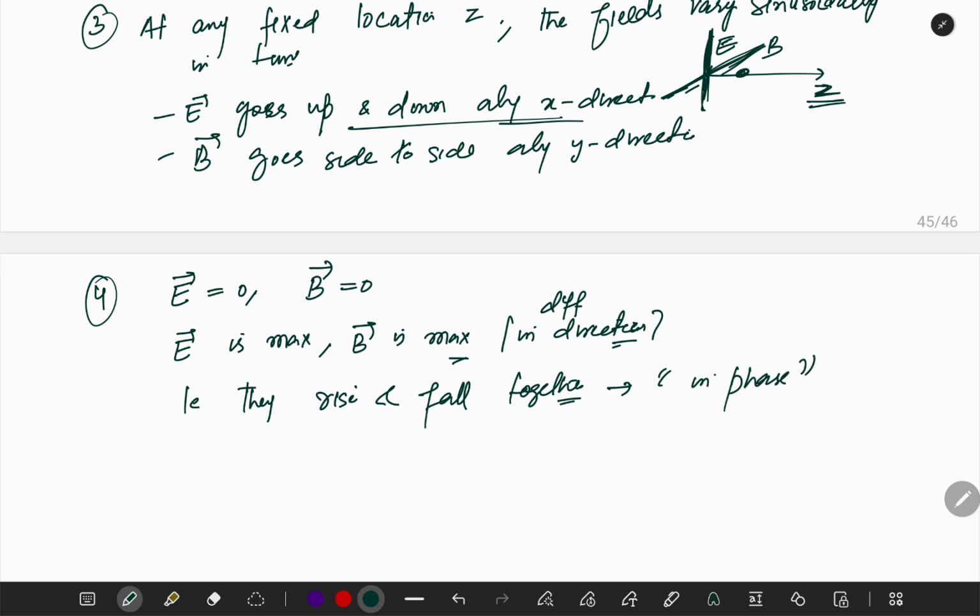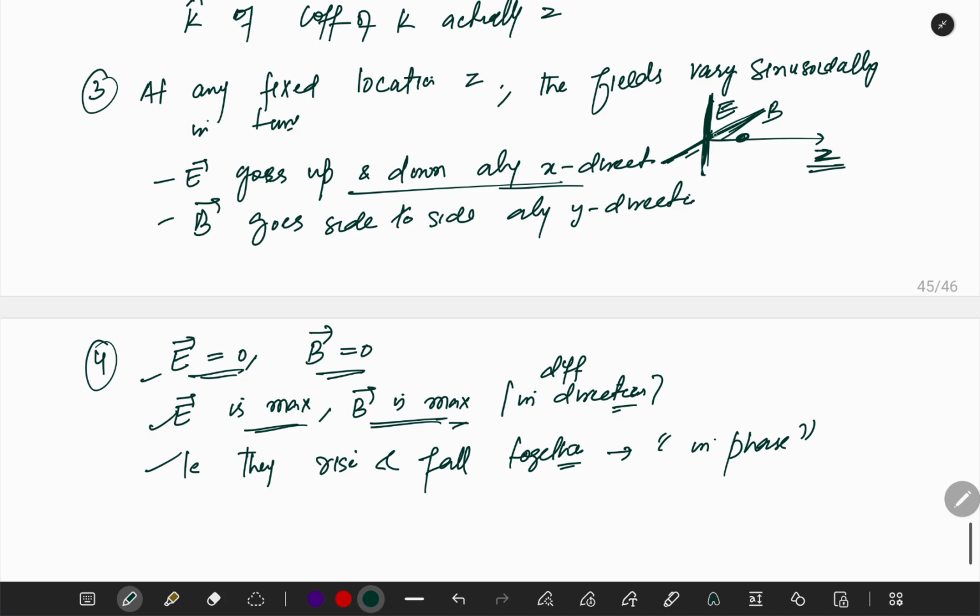Okay, there is one more question, whether the maximum value of electric field and magnetic field are same. No, it doesn't mean that thing. When E becomes zero, B becomes zero. E is maximum, B is maximum at the same instant of the time, but in the different direction.